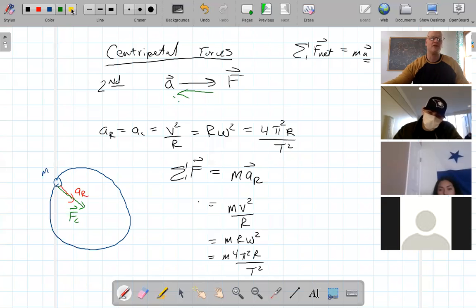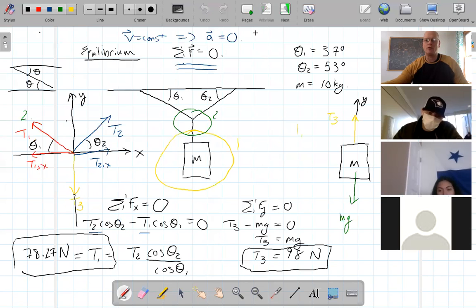That is completely nonsense. What is true is that what's causing my keys to move through the circle is the tension itself. In this case, my tension is the centripetal force.